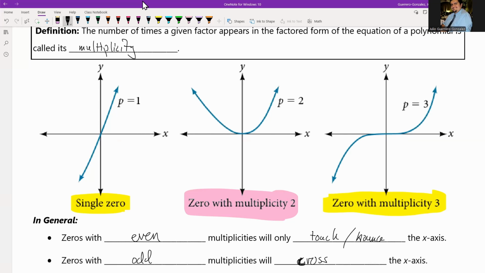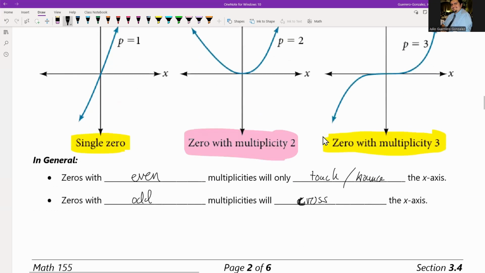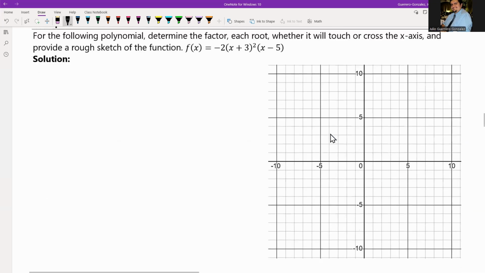The single zeros cross it like this, and anything bigger than that will look like a squiggle. Got it?